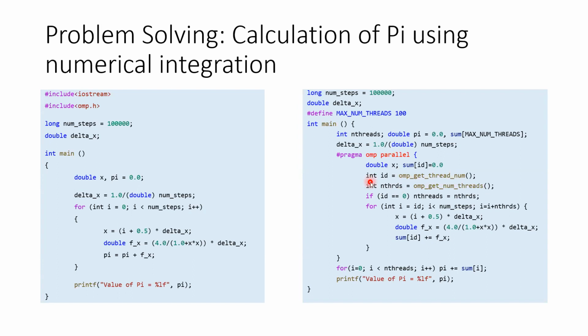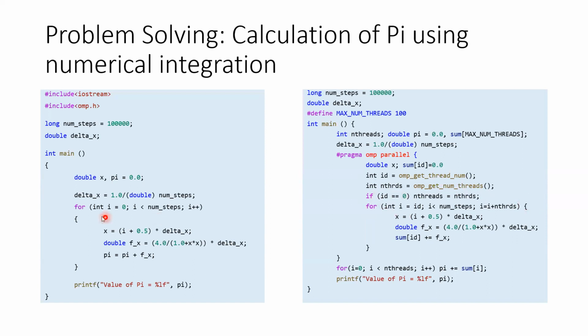I'm fetching my thread ID from omp_get_thread_num. Now I'm introducing another API from OpenMP, omp_get_num_threads, which will give the number of threads running in this parallel region. Basically in our example, say 4. And then this statement, just defer for now. And then we will be writing this for loop in a different way.